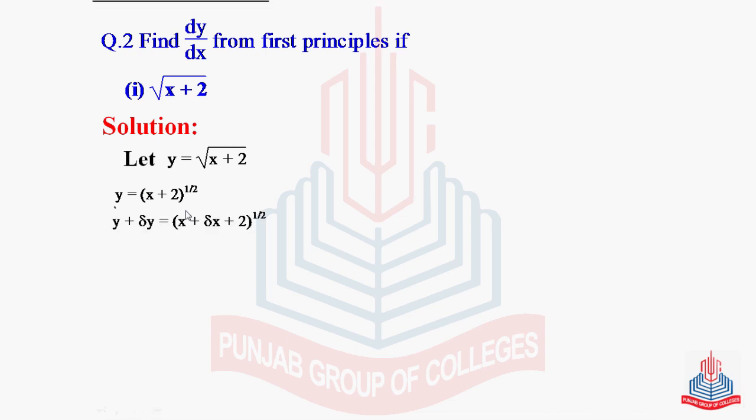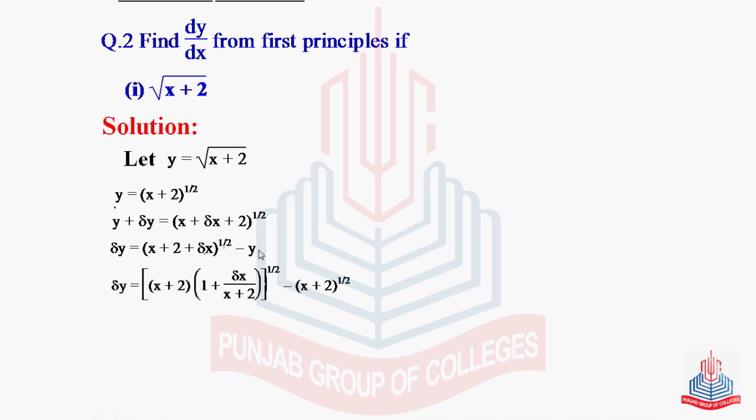Applying the differentiation process, we have y plus delta y is equal to x plus delta x plus 2 raised to the power 1 by 2, and delta y will become x plus 2 plus delta x raised to the power 1 by 2 minus y. Taking x plus 2 common, we have 1 plus delta x over x plus 2 whole raised to the power 1 by 2, and putting the value of y, x plus 2 raised to the power 1 by 2.